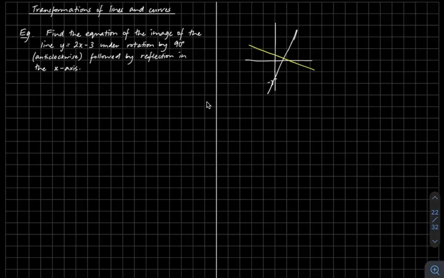Reflecting that in the x-axis, that's not too difficult, is it? Still going to have the same x-intercept there, but it's just going to be sloping kind of up that way, so reflected in the x-axis. Alright, so we'll do our matrix operation, we'll get the equation, and then we might graph it on Desmos and see how we go.